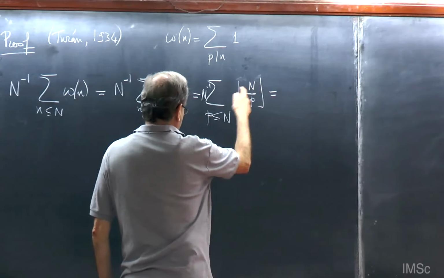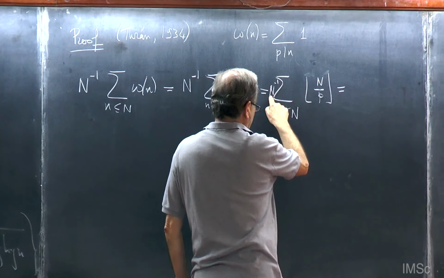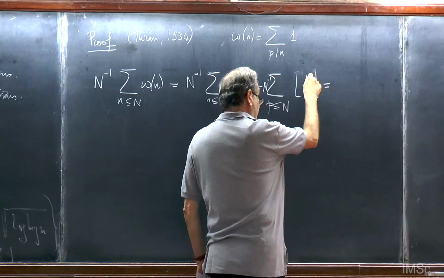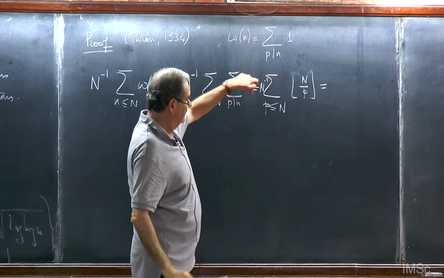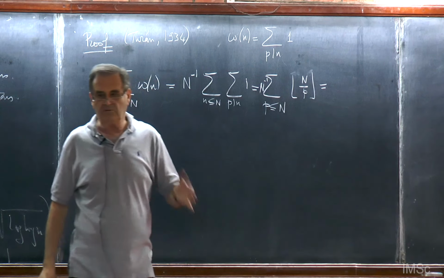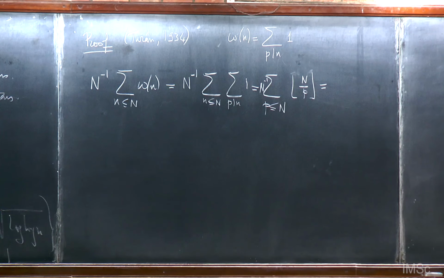So, okay, what does it mean? It tells you the following, that you have 1 over N. If you take just the part N over p, N disappears, and you are summing 1 over p for p up to capital N. This is something which is rather basic. It's weaker than the prime number theorem.